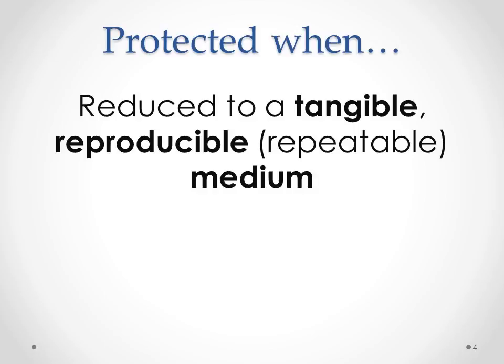There are three operative words in my definition, and they are tangible, reproducible, and medium. So which one of those is at issue with the iPad? Is it reproducible? Sure. I can email it to somebody. Is it a medium? Yeah, it's a medium.